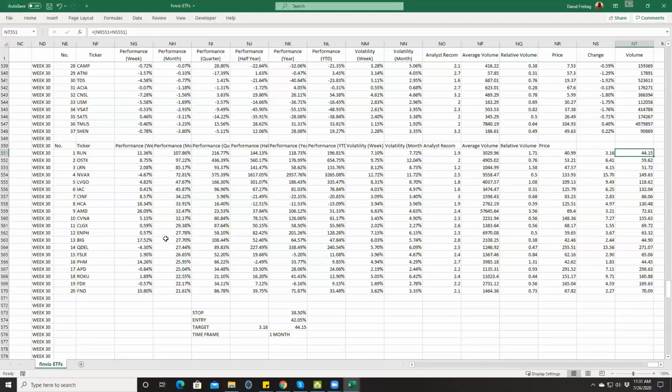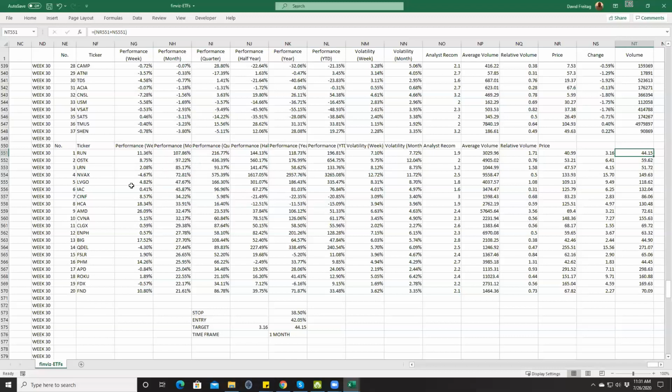My entry is based on what would make me say, all right, the stock is continuing to go higher. Is that a breakout above yesterday's high? Is that a breakout above last week's high? Is there a support or resistance, a trend line? Is there something that tells me that we should be breaking out and going higher?